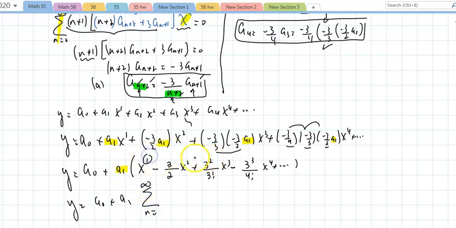So the power of x is really x to the n. So 1, 2, 3, 4 is x to the n. If you have 2, 4, 6, 8, that will be x to the 2n. So even is 2n, odd is 2n plus 1 or 2n minus 1, that's from 5b.